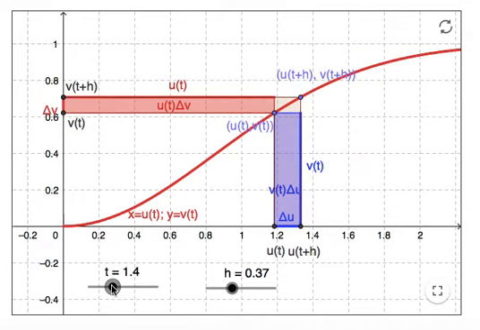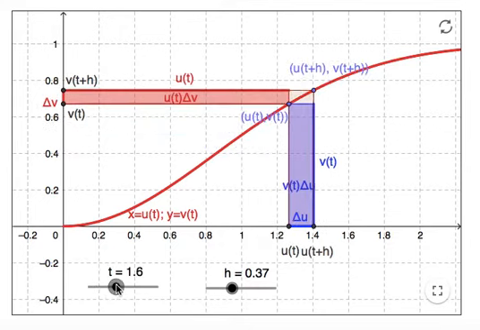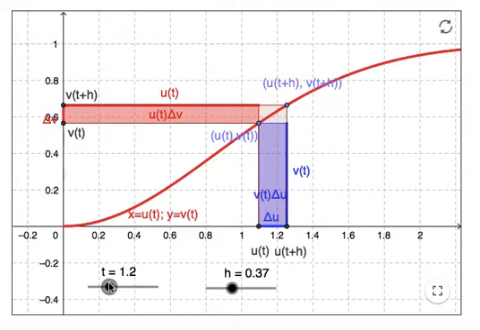If we take a look here, as I change my t value, the change in the area is going to be generated by this little red area here, the purple area, plus this little rectangle in here. This is my U function, the length along the x-axis, times the width of how V changes, how the vertical changes.